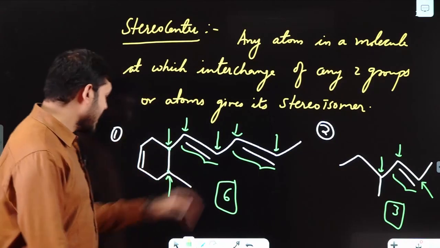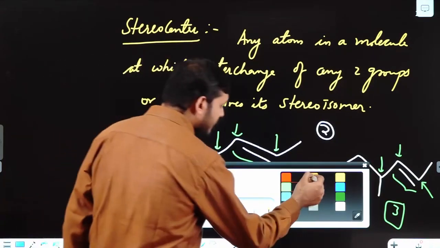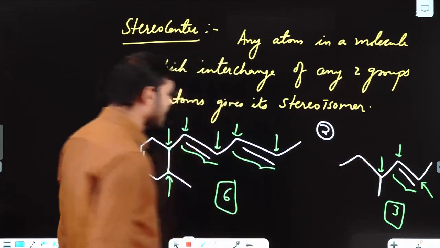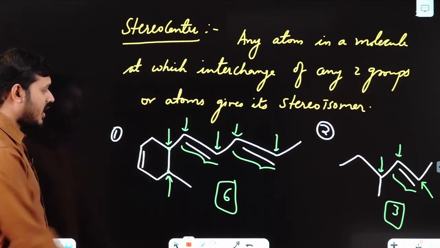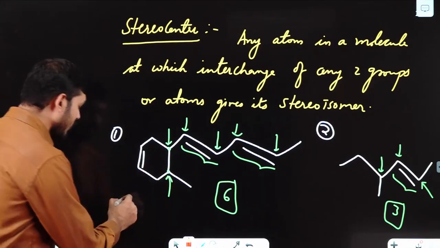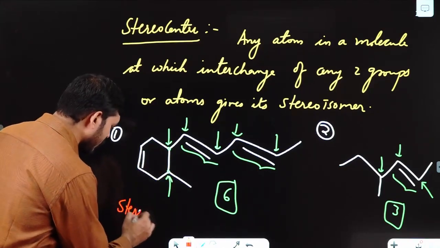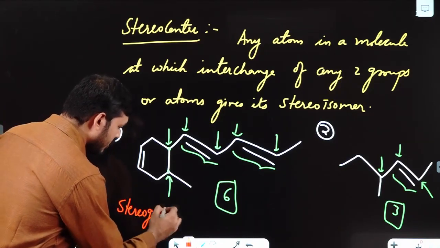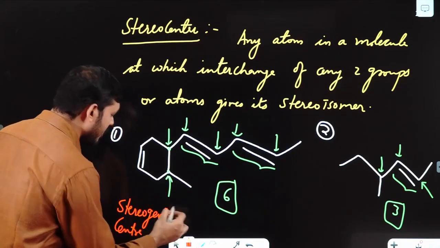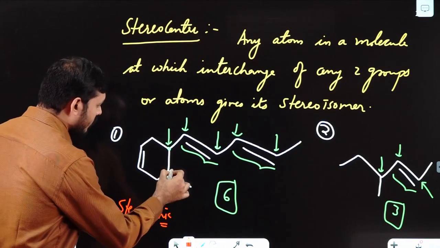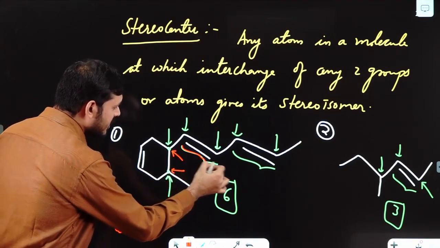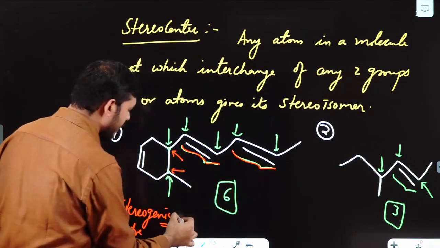Now in the same question, let me ask you, as I have already discussed stereogenic center. So here if I say stereogenic center, then stereogenic centers in the first will be 1, 2, this part is 3 and this part is 4.